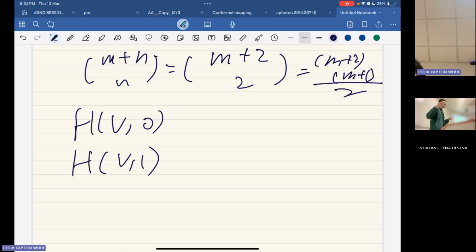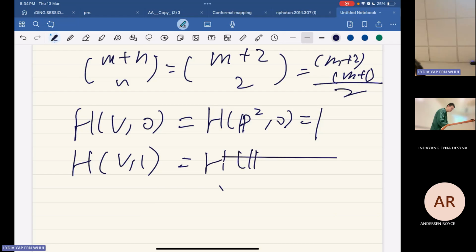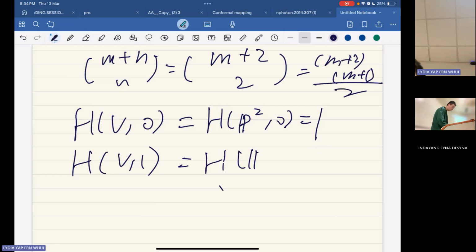Because we did not subtract any dimension here. No dimension vanishes here. So H_V(0) is just equal to H_P2(0), which is 1. And H_P2(1) is just equal to 3, right? Because 3 choose 2 is 3, right?